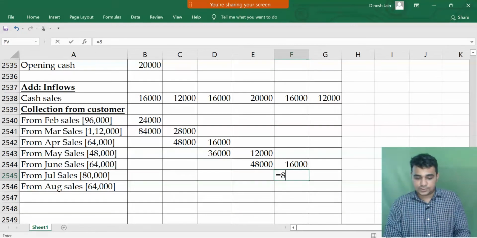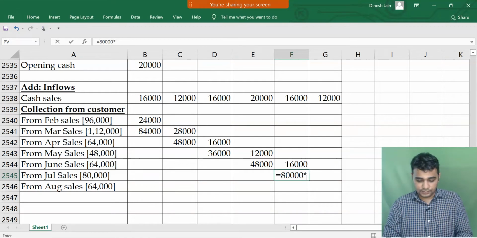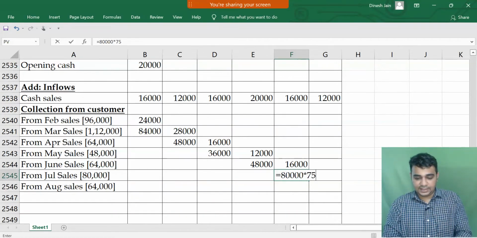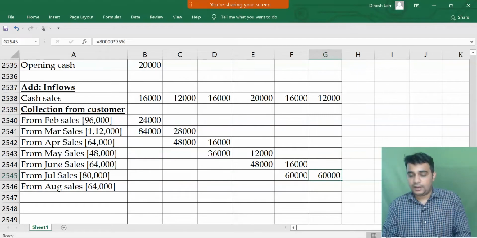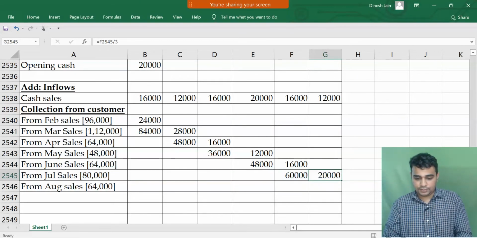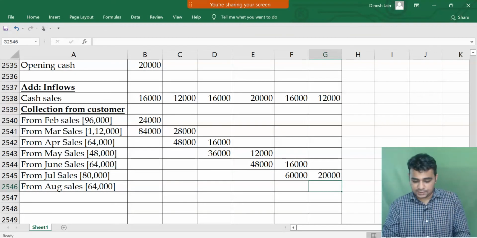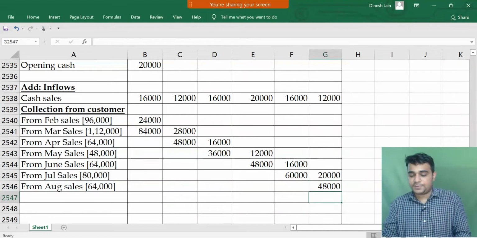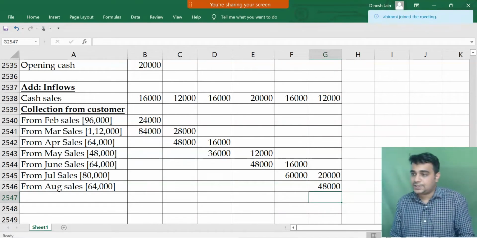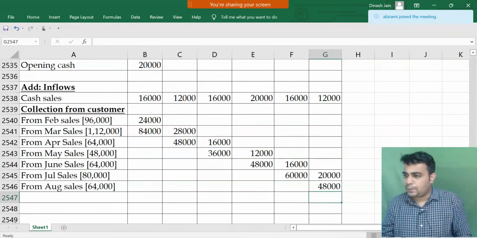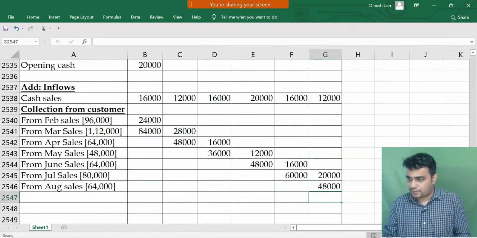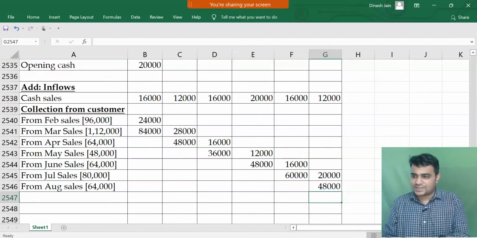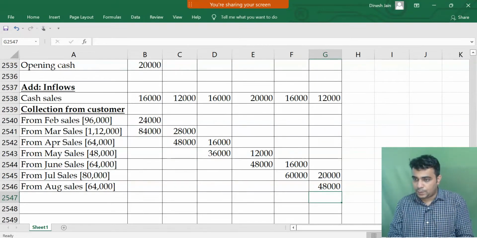This 80,000, 75% and 25%, and this is 75%. So this way we have collected the collection figure. You can do it as a separate working note, or you do it this way, whatever way you find comfortable. Better to do it as a separate working note rather than in the main working note.